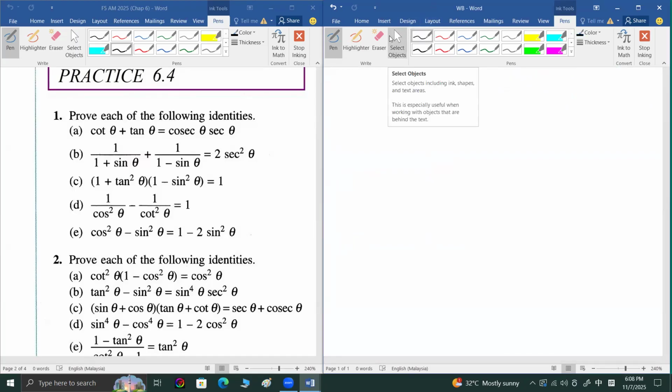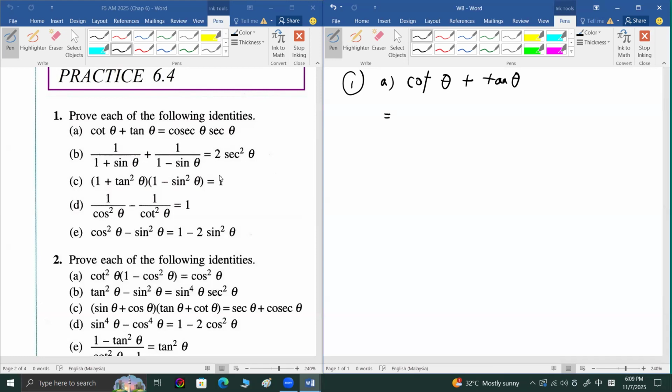Normally I like to choose the side that has 2 terms to become 1 term. We look at the complicated side, we see A. For example, look at A, cotangent theta plus tangent theta.